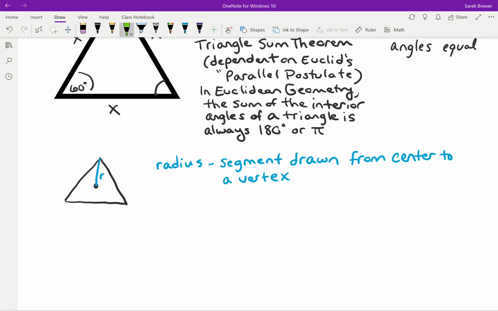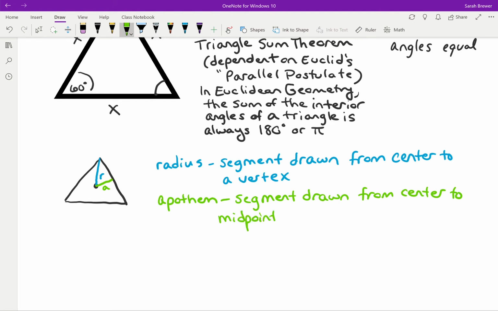And we can also draw this thing, which we call an apothem. This is a segment drawn from the center to the midpoint of a side. These two measurements are important.